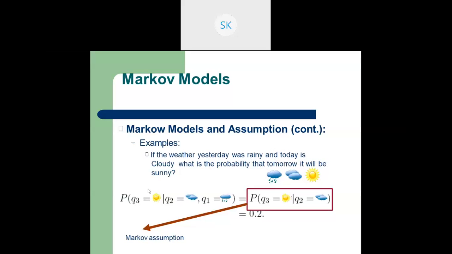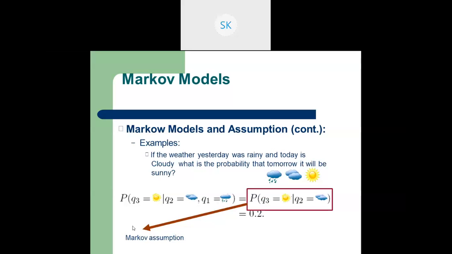So look here. We are predicting the future, tomorrow. Tomorrow it will be sunny. Probability of sunny: tomorrow is sunny, Q3 equal to sunny, such that present is today, it's cloudy, Q2 is equal to cloudy, and yesterday it was rainy, Q1 is equal to rainy.